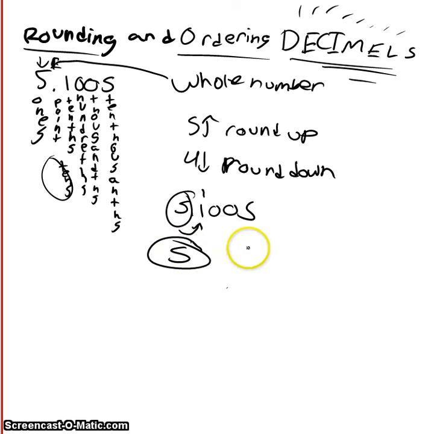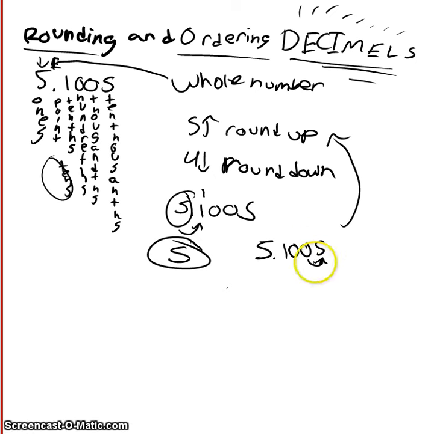Now, let's do a different problem. What would we get if we rounded to the nearest thousandths? What number would we look at? We would look at the one exactly to the right, and that is 5. 5 is in between, so you just round up, as it says on this chart here.